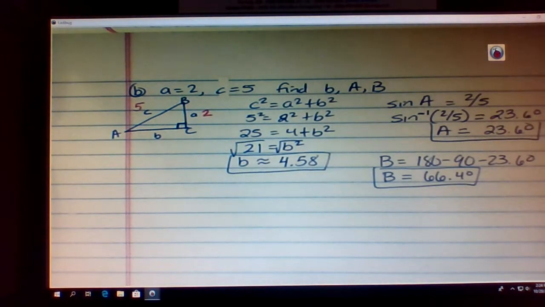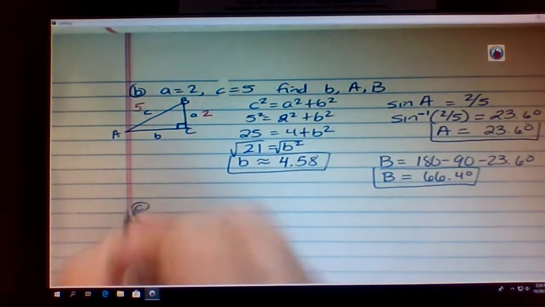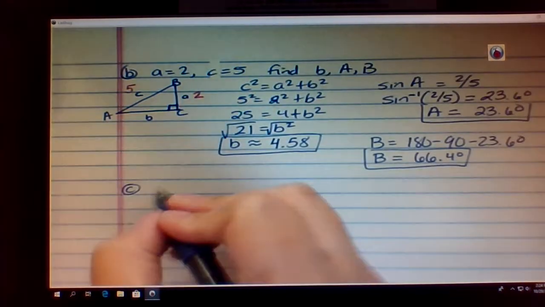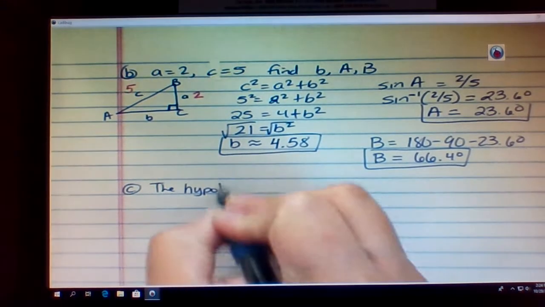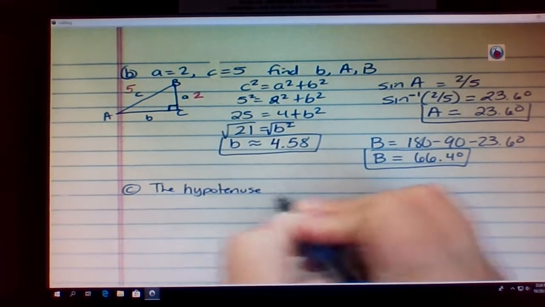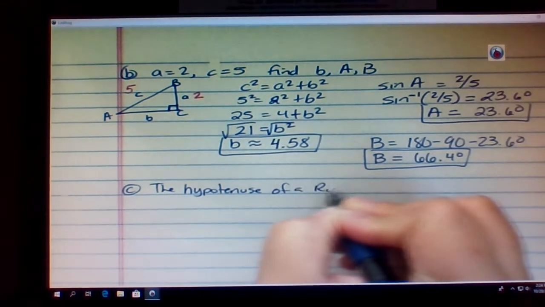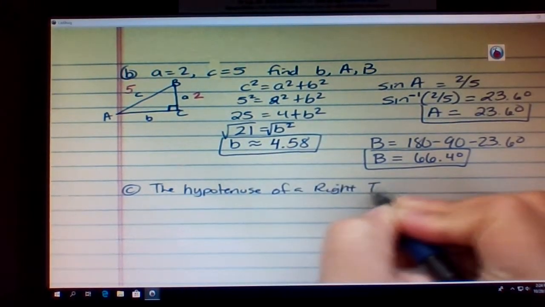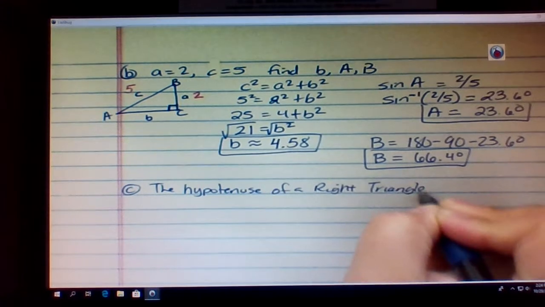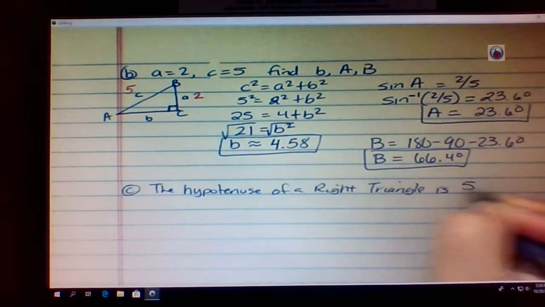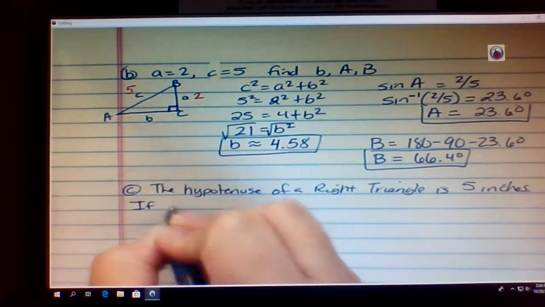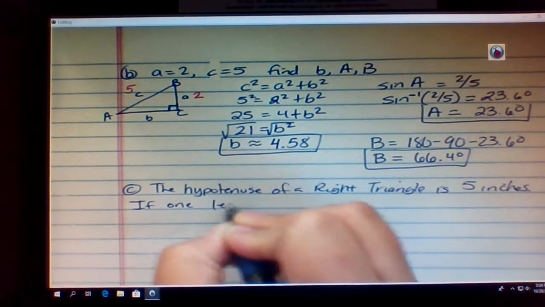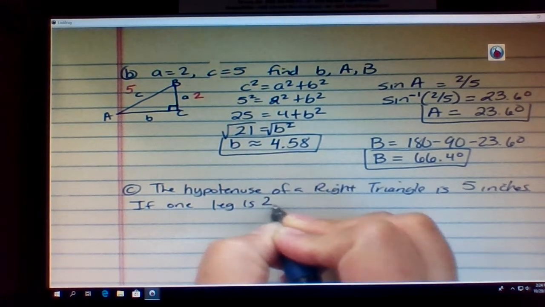Let's look at C. The hypotenuse of a right triangle is 5 inches if one leg is 2 inches.